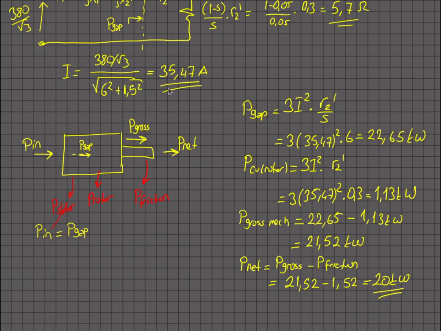So let's calculate the efficiency. This is my output power, 20 kilowatts, and that is my input power, or gap power in this case.